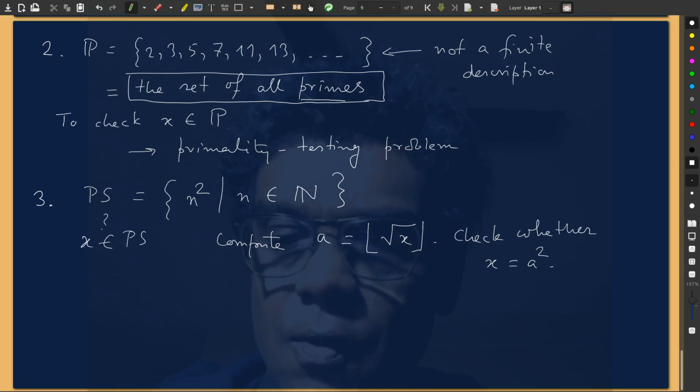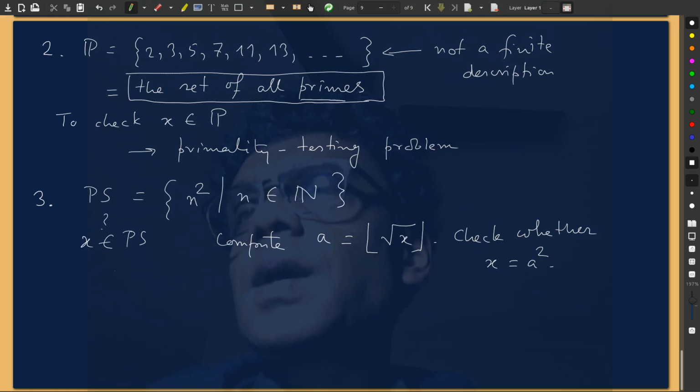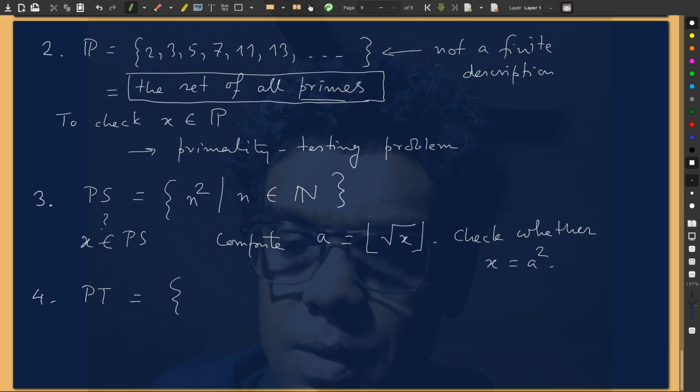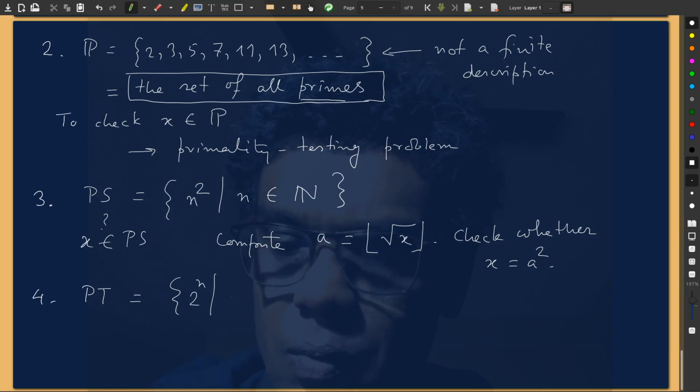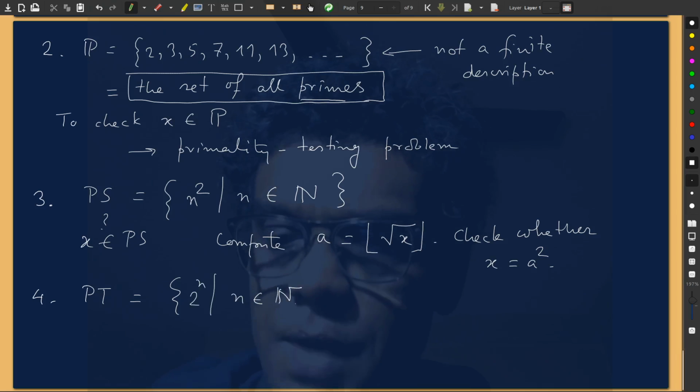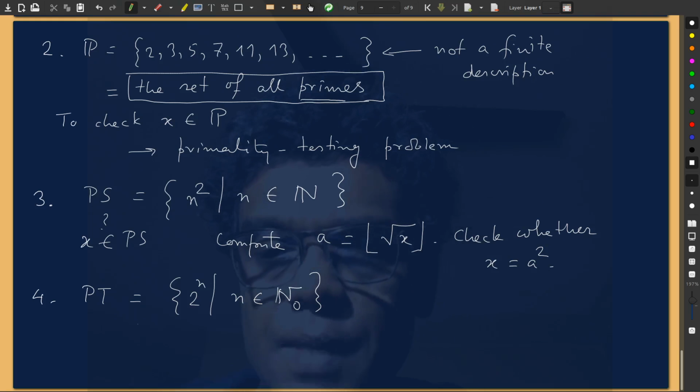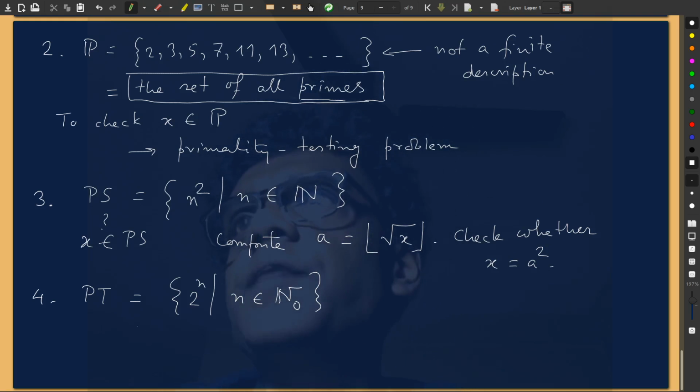So this is an algorithm. Okay. Likewise, you can define the powers of 2. And once again, checking whether something is a power of 2 is not really that difficult.